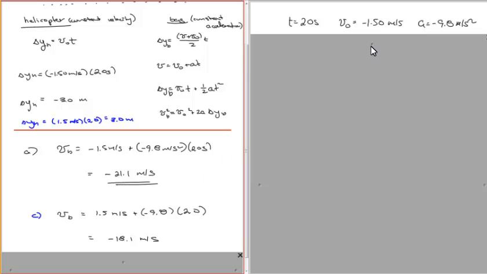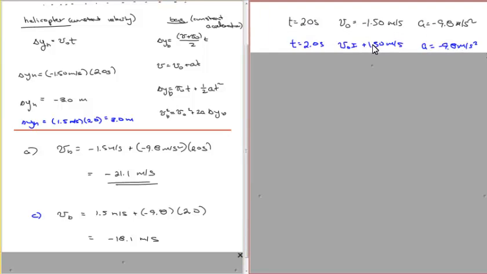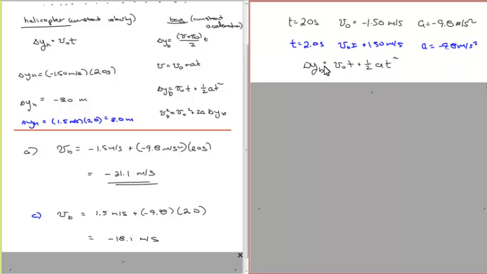Now, as far as the displacement is concerned, for the helicopter moving down originally, we have the 3 quantities: time, velocity, and initial velocity and acceleration. So we can use this equation, which is the third equation, and we just plug the numbers in.